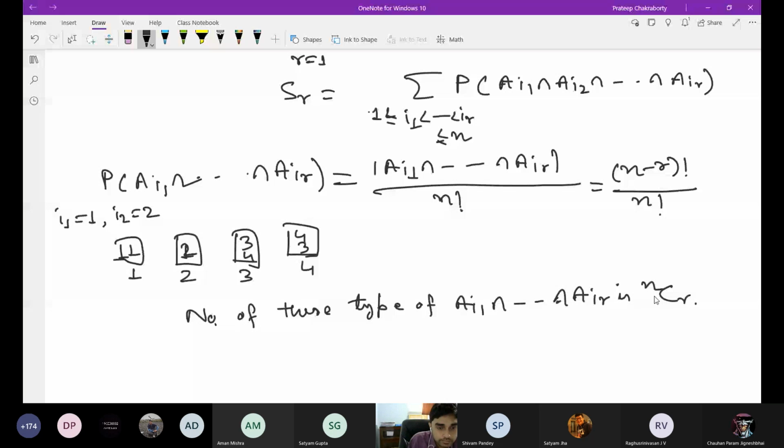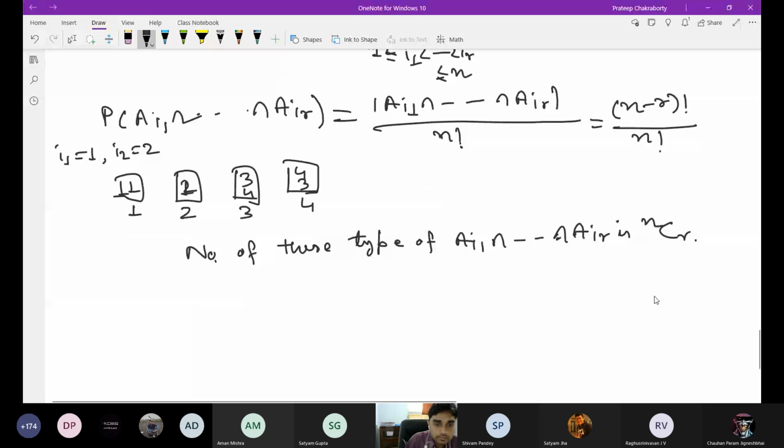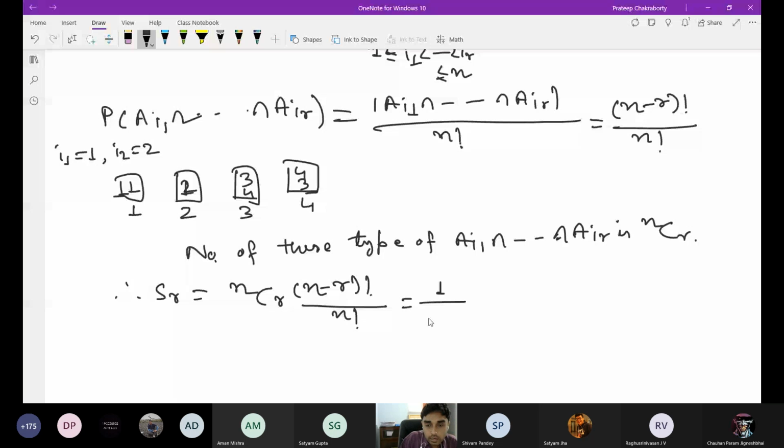So SR is NCR into n minus r factorial by n factorial. Is it okay? And that will be 1 by r factorial.